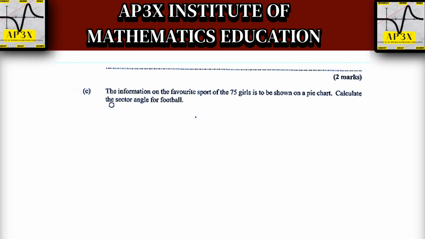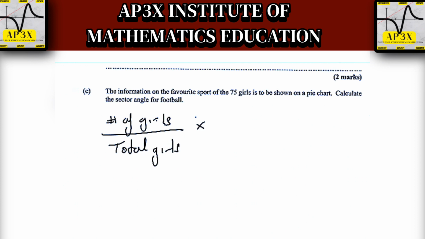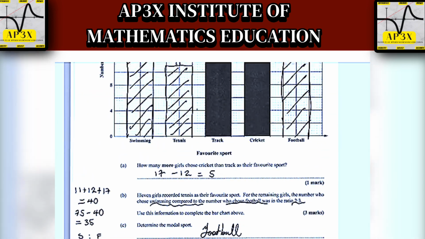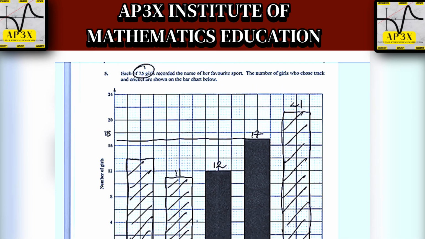Now, to calculate the angle on a pie chart, it's going to be the number of girls that chose that particular sport divided by the total girls, and of course, because we're looking for the angle on a circle, we're going to times that by 360 degrees.